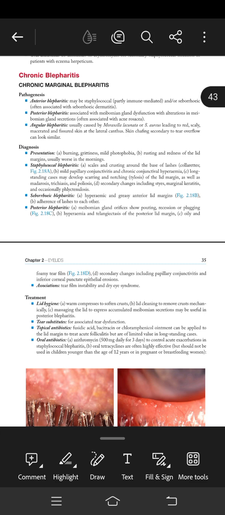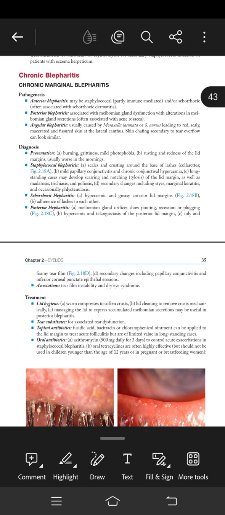Secondary changes include papillary conjunctivitis and inferior corneal punctate epithelial erosions, associated with tear film instability and dry eye syndrome.